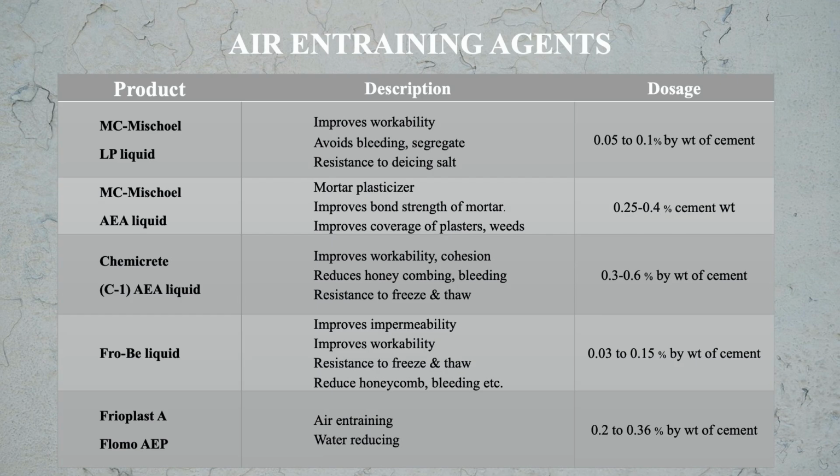Let us look at another category of admixtures which are available in the market, and that is air entraining agents. In this category, different products available are MC Mist Coil LP liquid, Chemicrete C1 AEA liquid, Fro-B liquid, Fryoplast A Flomo AEF, and they are used in different dosages.